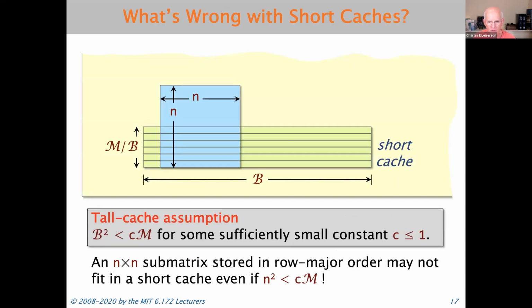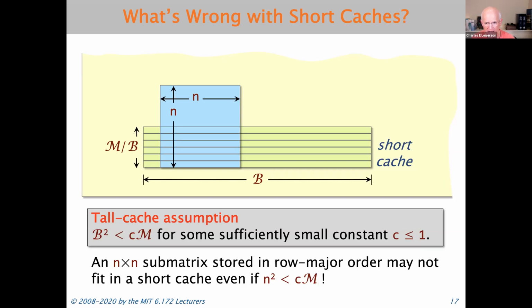Now why do we want tall caches? Submatrices, it turns out, are used in a bunch of different things, but submatrices provide one answer. So this picture is comparing an n by n submatrix of bytes, which I'm showing in blue, with an m over b by m over b short cache. Suppose the cache lines are, in this case, way longer than n.